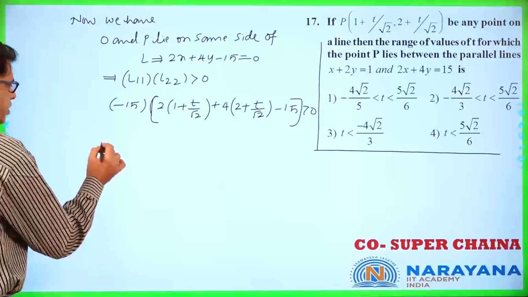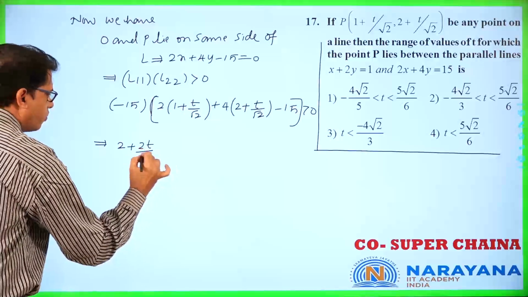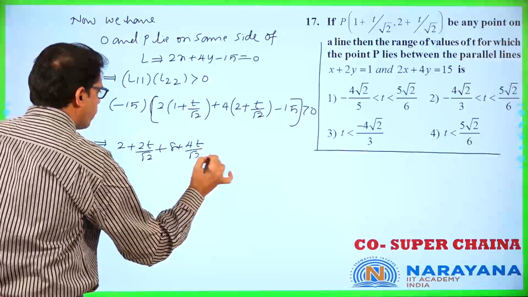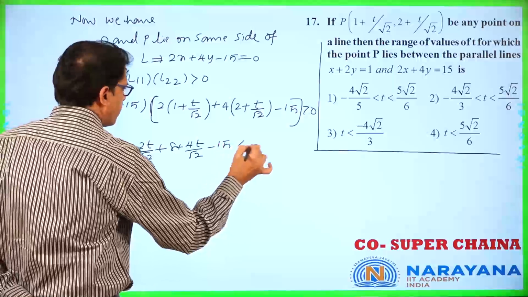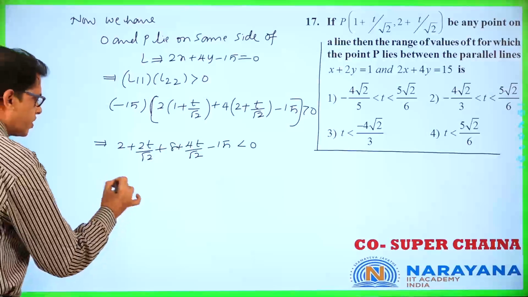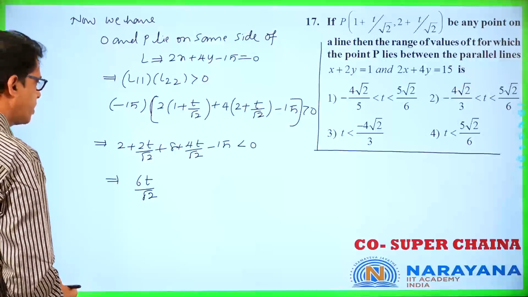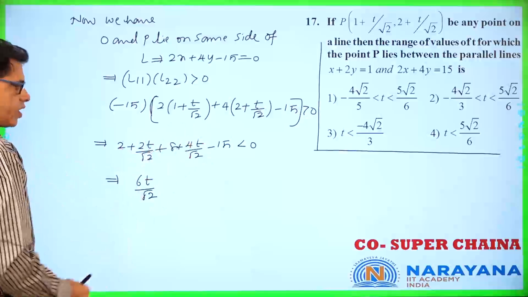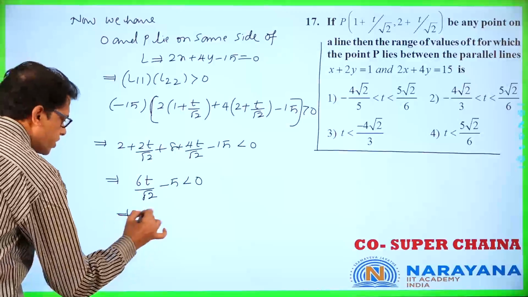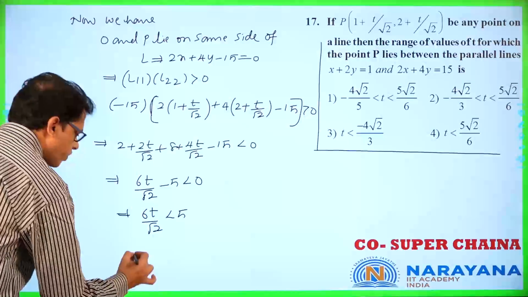That implies 2 plus 2t by root 2, so 8 plus 4t by root 2, so minus 15 is less than 0. Dividing by minus 15, the sign changes. That implies 6t by root 2, so what is the constant? So 10 minus 15, so minus 5, less than 0, that implies 6t by root 2 less than 5. So from this one what is the t value?